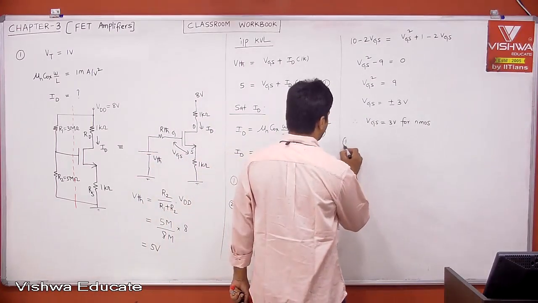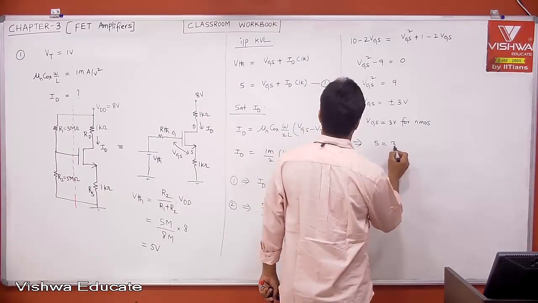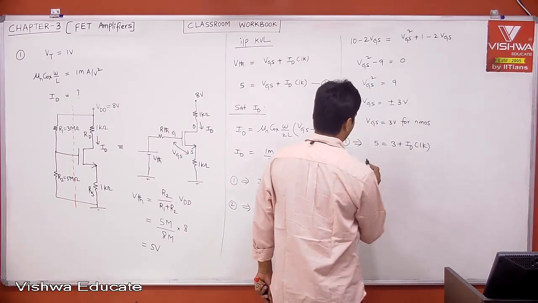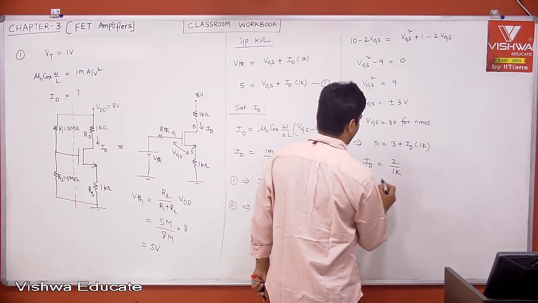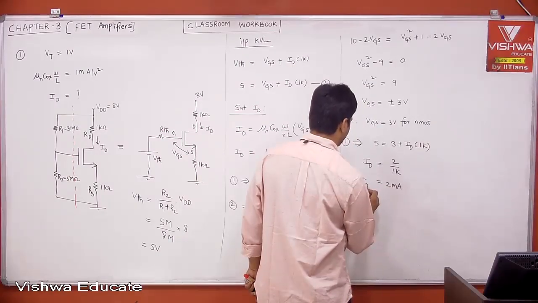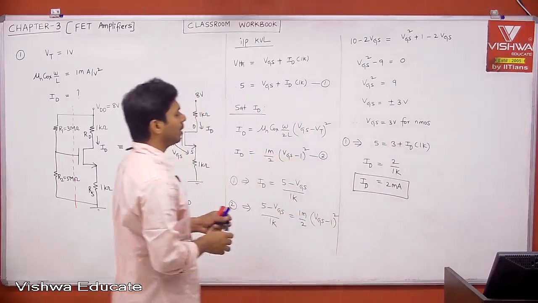Therefore, equation 1 implies 5 is equal to 3 plus ID into 1K. Therefore, ID is equal to 2 divided by 1K, which is 2 milliampere. That is the fill in the blank, okay? ID is equal to 2 milliampere.